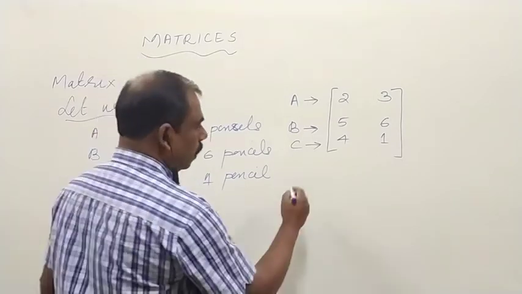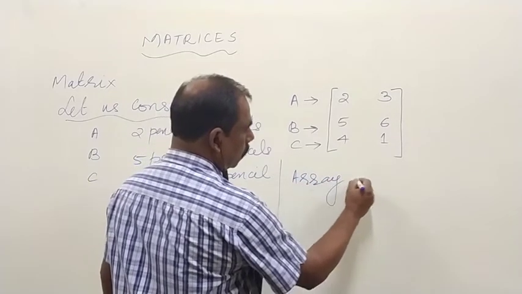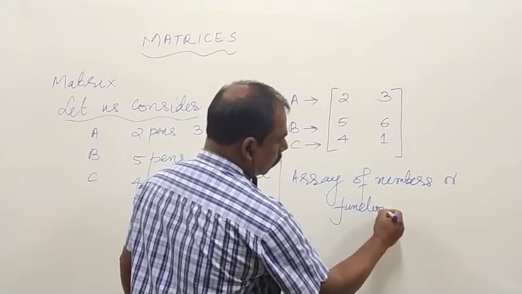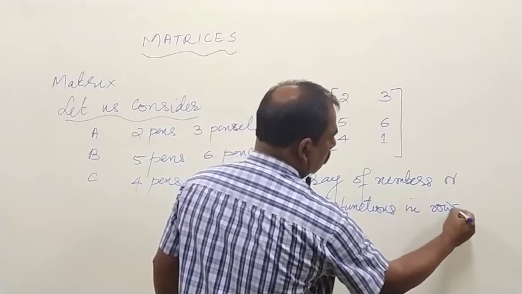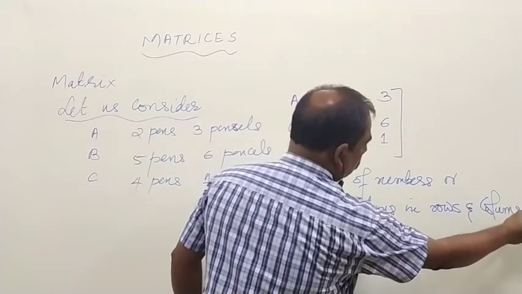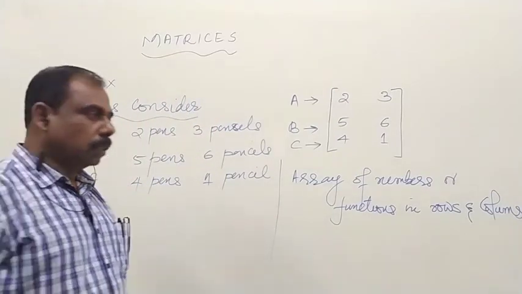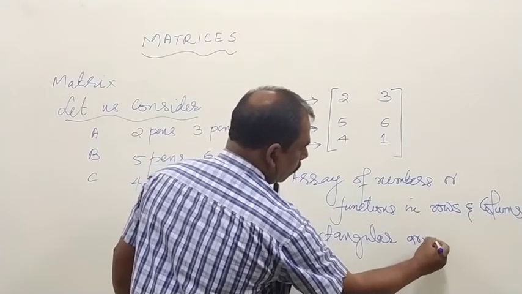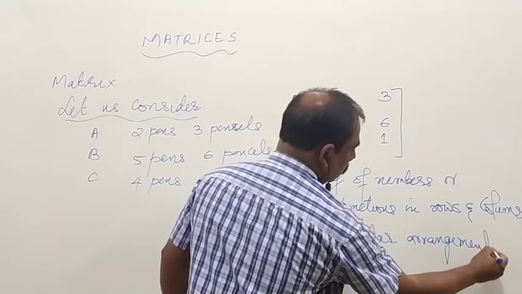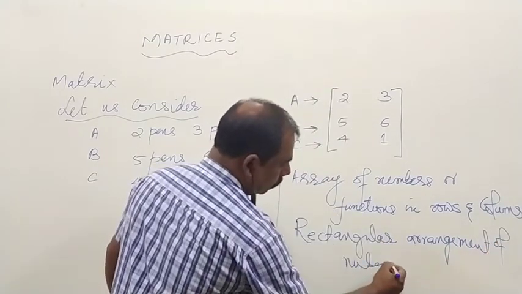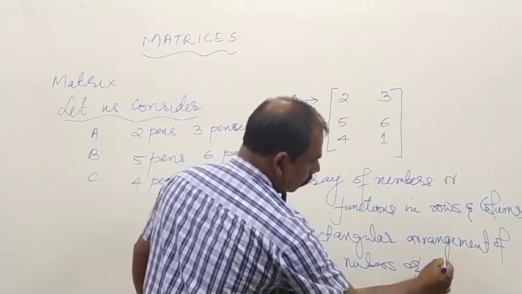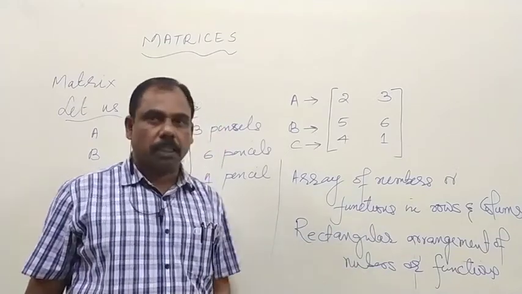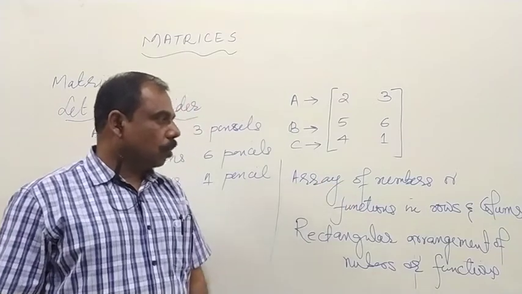So, in general, an array of numbers or functions in rows and columns is called a matrix, or a matrix is a rectangular arrangement of numbers or functions.